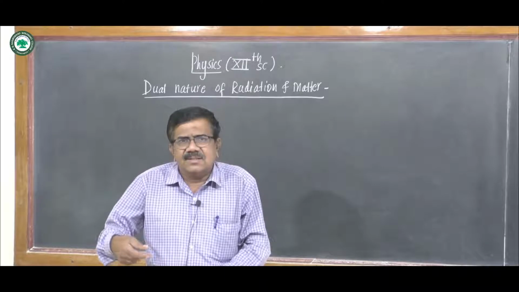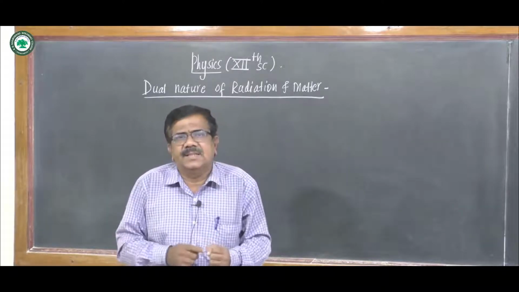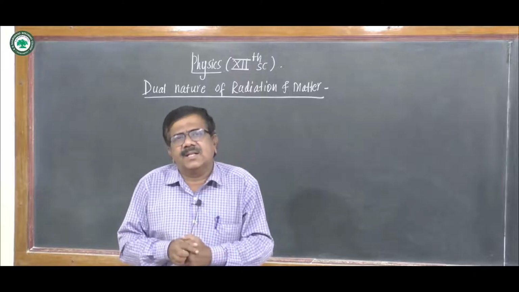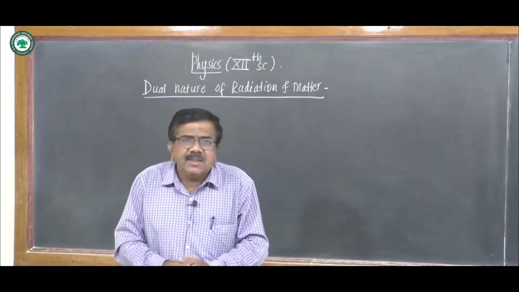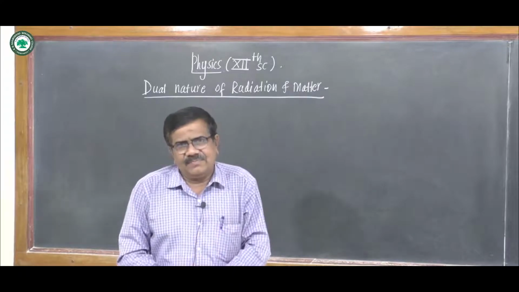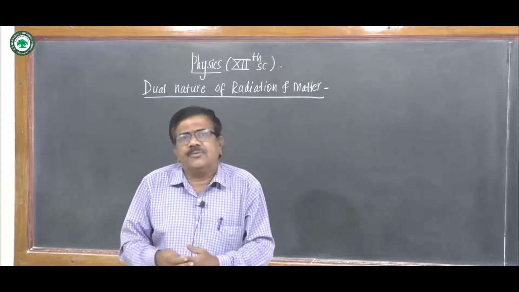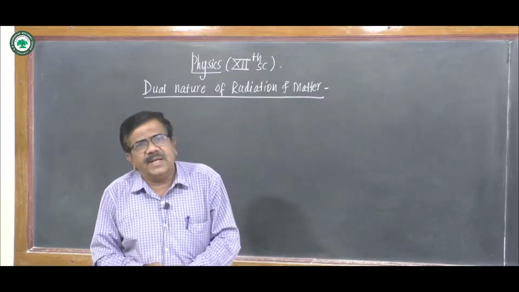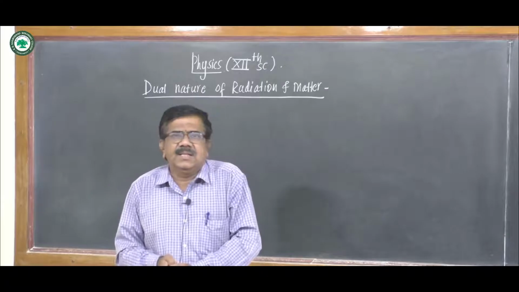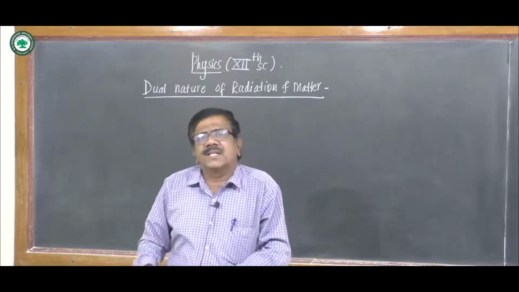The current which flows through the circuit is the photoelectric current. The electrons emitted in this process are the photoelectrons. We also know the experimental setup of the photoelectric effect, and we have studied the different concepts related to it.